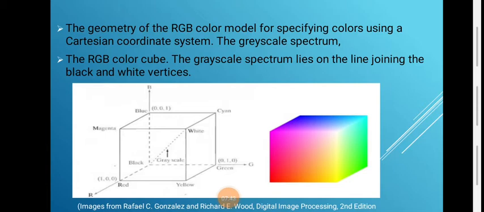On the red axis, only red is available, that is 1, 0, 0, and on the blue axis, only blue is available, that is 0, 0, 1. With proper compositions of red, green, and blue, you can obtain magenta, cyan, and yellow, which are represented at the other corners of the cube.